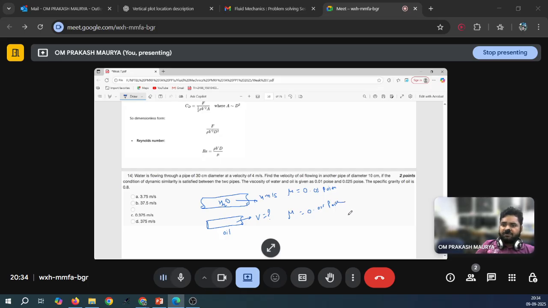The specific gravity of the oil is 0.8, and the specific gravity of water you know already is 1. So the density of water is 1000 and the density of oil is 800.